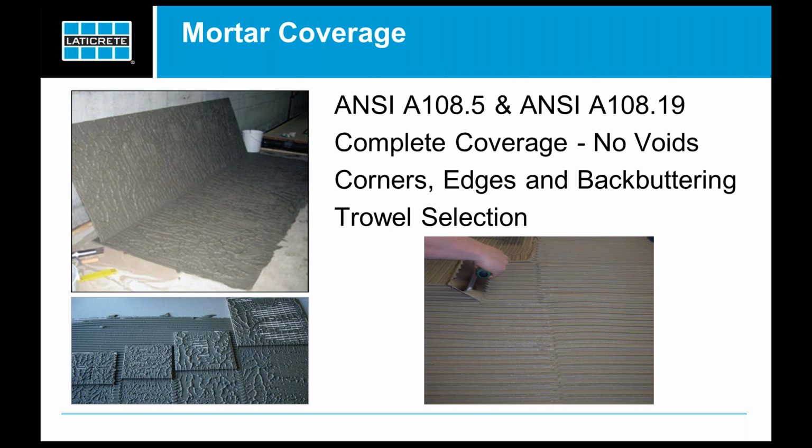Here's also an illustration of what happens with your adhesive mortar coverage as your tiles get larger. In the illustration on the lower left-hand corner, you see a 4x4 or 6x6 tile, and those are really easy to get good coverage on. You see the entire back is covered.